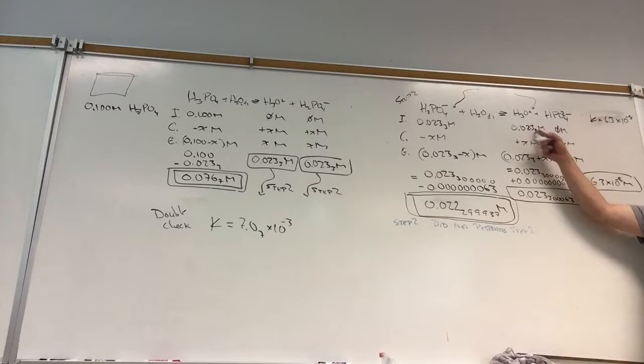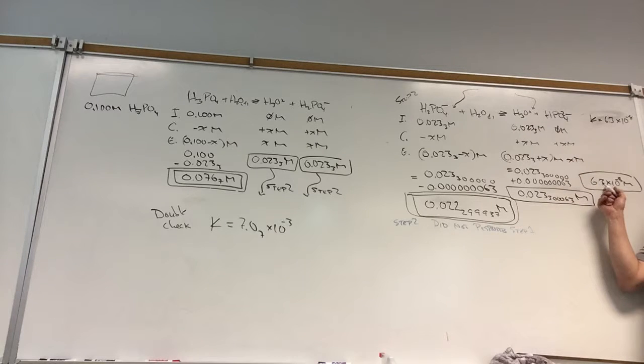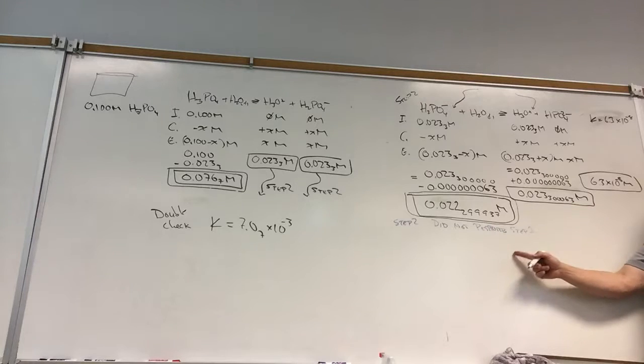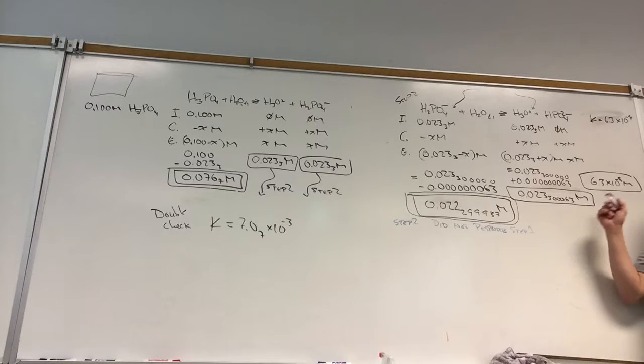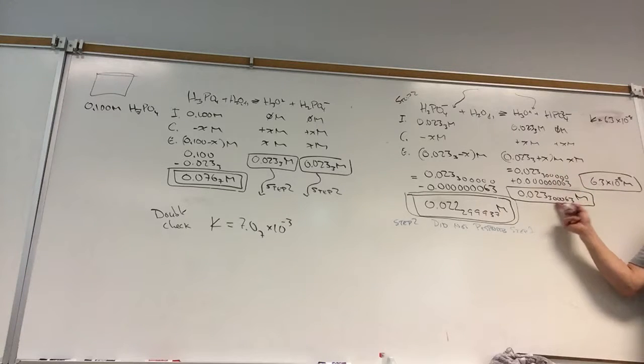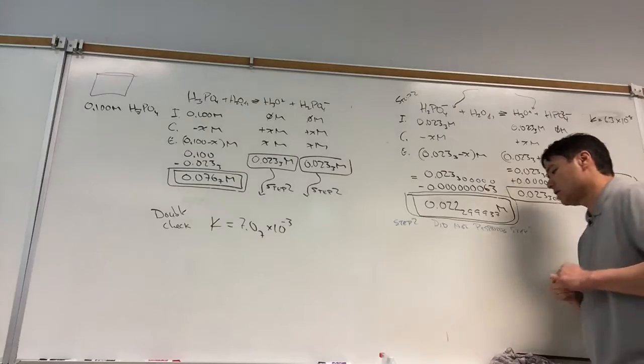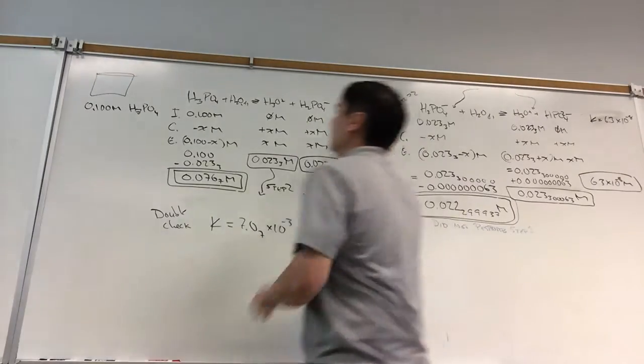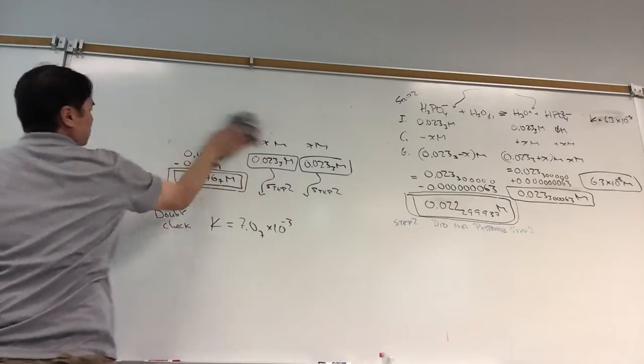However, for hydronium and monohydrogen phosphate, we're going to lose a little bit of monohydrogen phosphate to generate some additional hydronium in step 3. So let's go ahead to the next step.